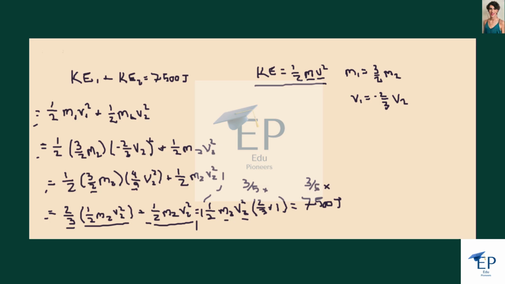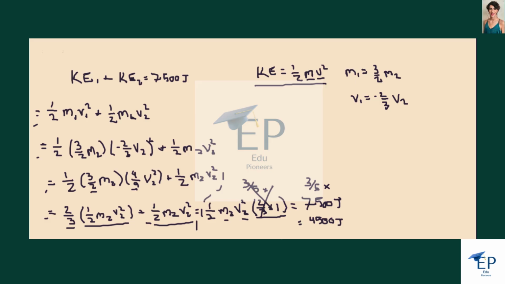All right, well, so this term in parentheses, this is 5/3. 5/3 times 3/5, these cancel out, and this just becomes 1. 3/5 times 7,500. Don't trust me, if you have a calculator and you want to check, you can go ahead and verify, but 3/5 of 7,500 is 4,500 joules.